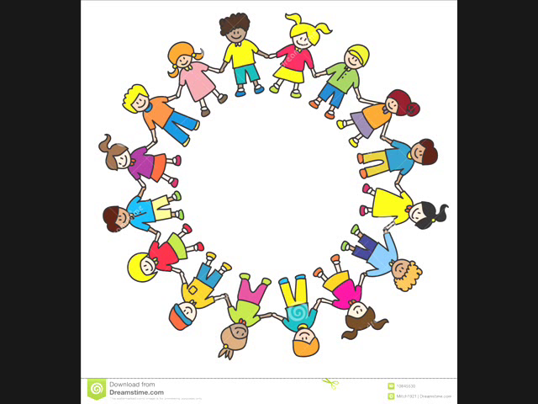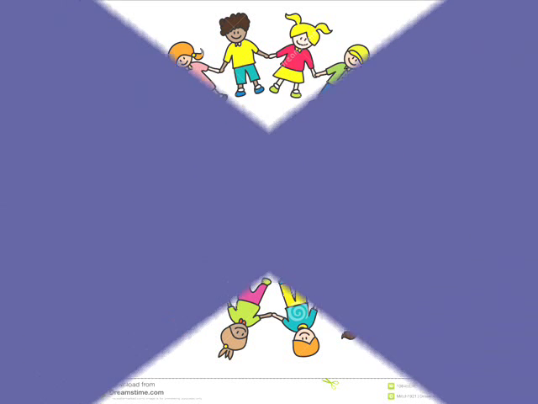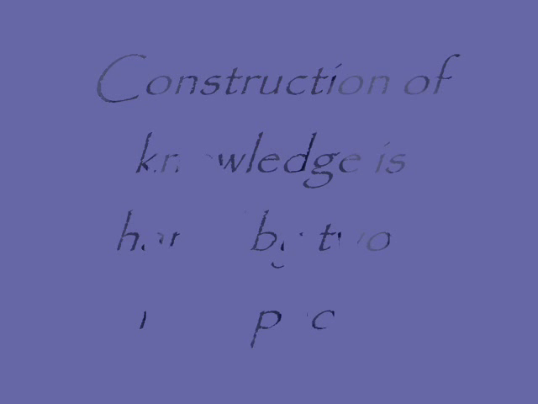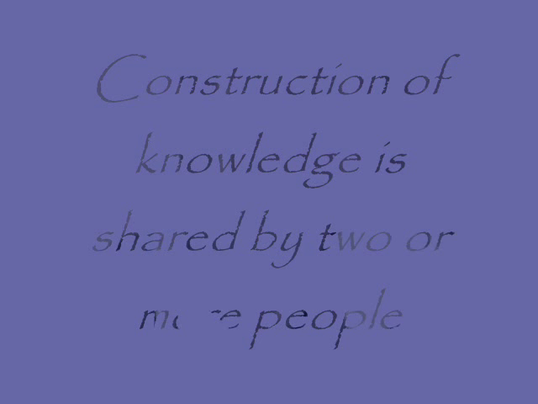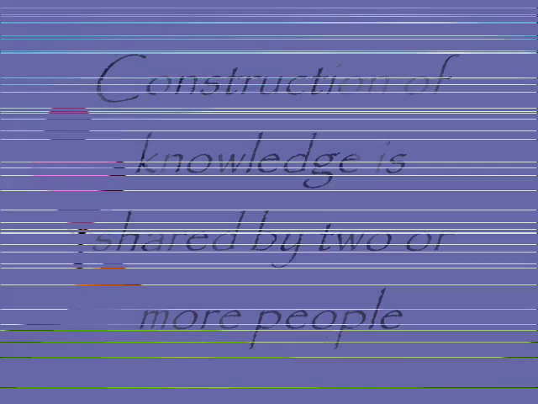Here, construction of knowledge is shared by two or more people. According to social constructivists, the opportunity to interact and share among learners helps to shape and refine their ideas. Knowledge construction becomes social, not individual.